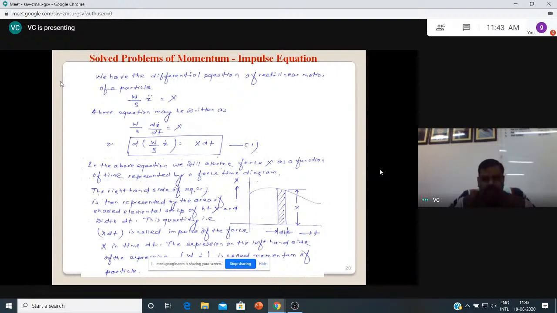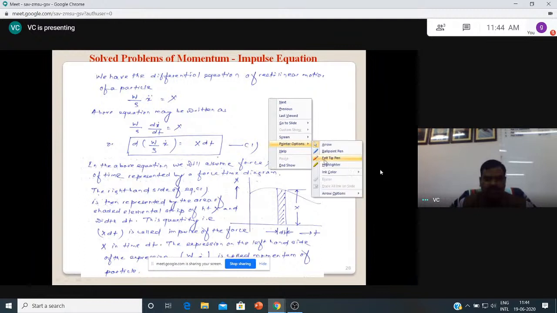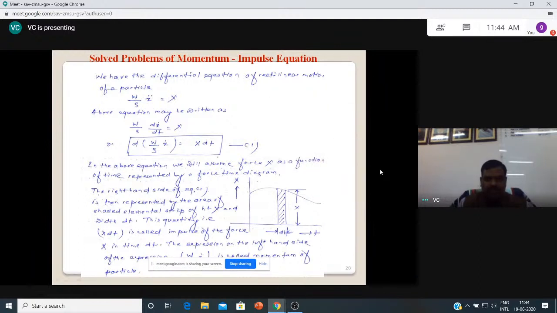W by g times x double dot, because this is Newton's second law, the force can be represented as x equal to mass into acceleration.